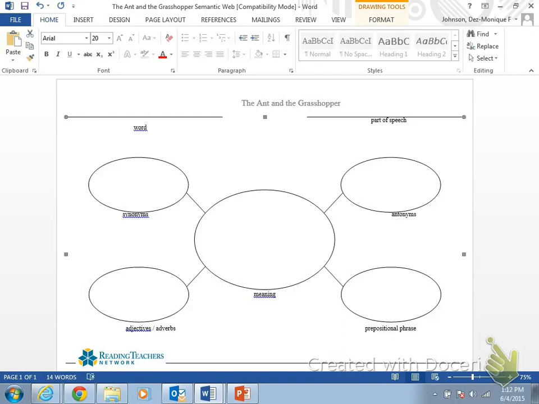Antonyms, I'm only going to ask you for two antonyms. Adjectives or adverbs. So depending on which word you have, you may give me two adjectives or two adverbs to describe your word. And then two prepositional phrases that will fit for either of those words. Finally, you're going to write a new sentence using all of the information on this web.